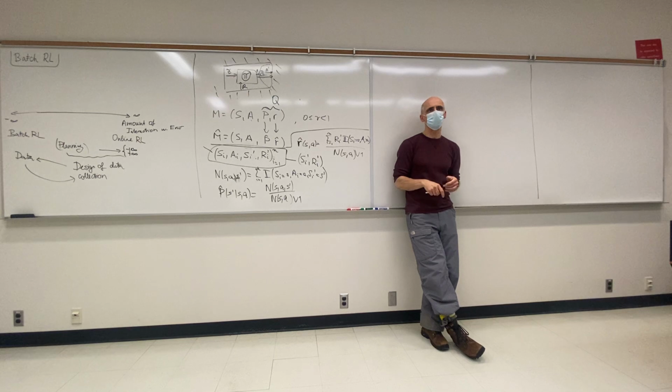So there is a paper, another paper, which says that for Q star realizability, if the MDP is completely deterministic in the finite horizon setting, you have a polynomial query complexity result.